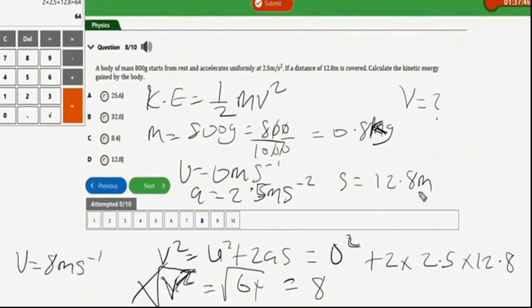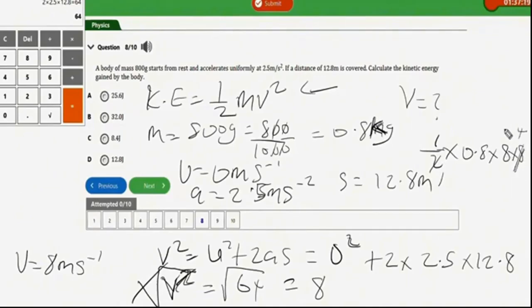Our final velocity, let's now plug it into the formula we have here. This is going to give us half times our mass, 0.8, times v square, our v is 8 times 8. 2 cancels 2 into this, we have 4.